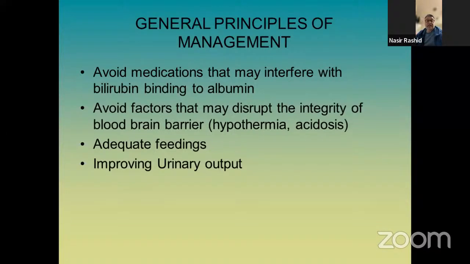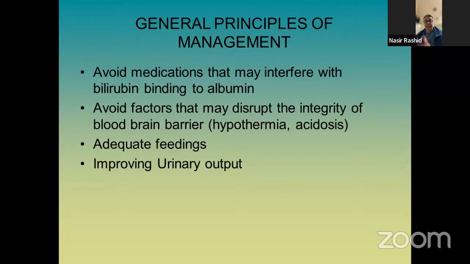Avoid medical conditions like hypothermia and acidosis. And again, remember I said bilirubin can be the manifestation of another ongoing process. The kid can be septic and can also have severe hyperbilirubinemia. The kid may have had slight birth asphyxia with acidosis and can have hyperbilirubinemia. The kid may be becoming hypothermic and can also have hyperbilirubinemia.